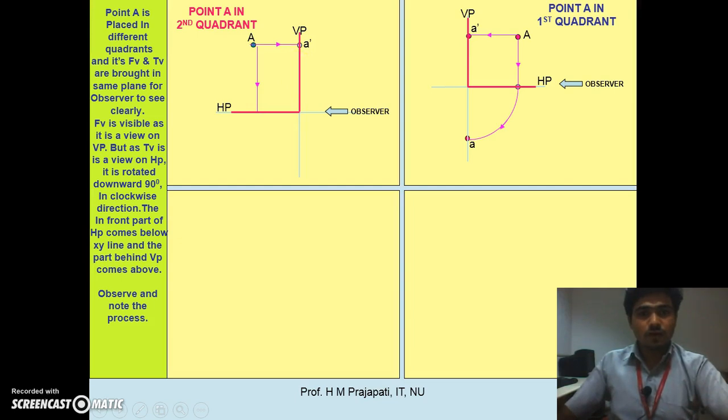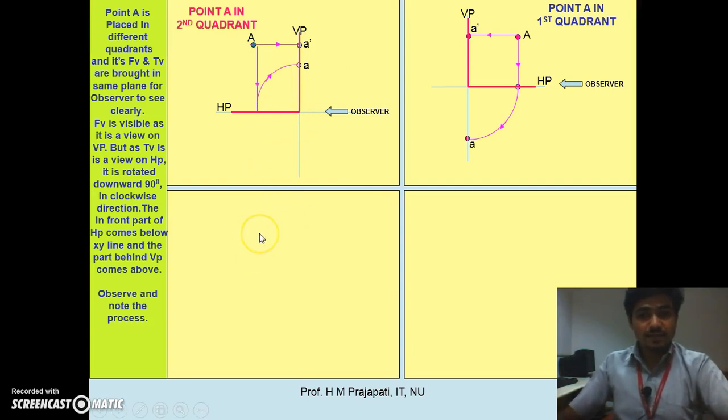So after rotation, this point A, which has some distance with respect to VP, that same distance will now be above the XY line, and here the notation is A. That means if the point is in the second quadrant, then the front view and top view both exist above the XY line, because at the common intersection we have the XY line, so they both reach above it.